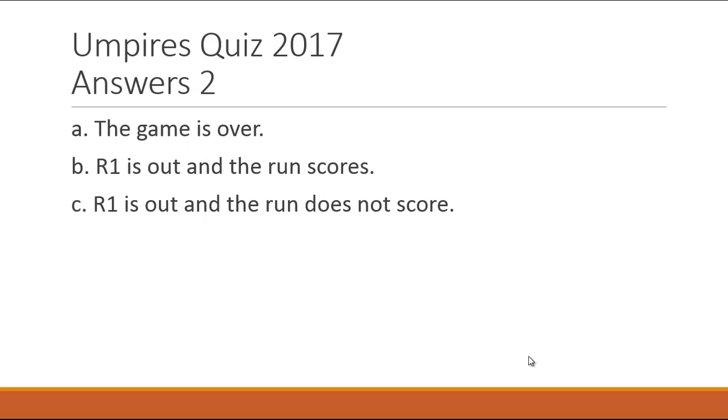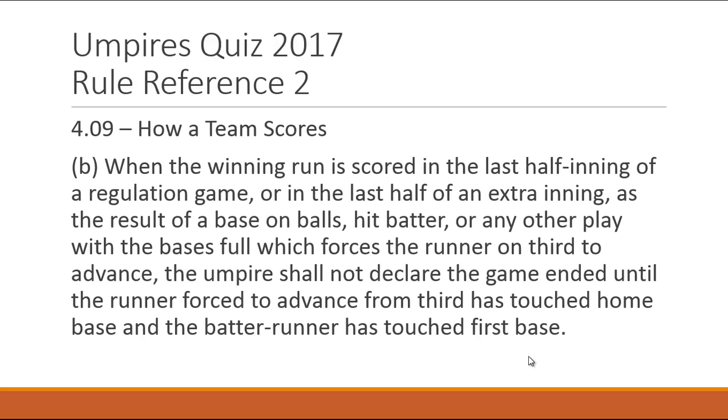First of all, the game is over. We were in the last half of the last inning. Is the runner from first out and the run scores? Or is the runner from first out and the run does not score? Let's take a look at 4.09, how a team scores.